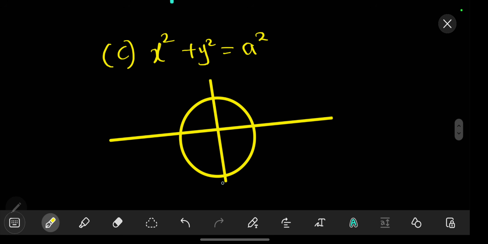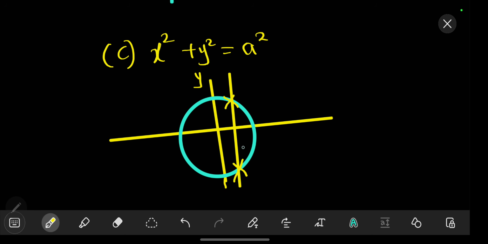Now as you can see a circle like that, if you draw a straight line like that, this straight line touches the circle at 2 points.